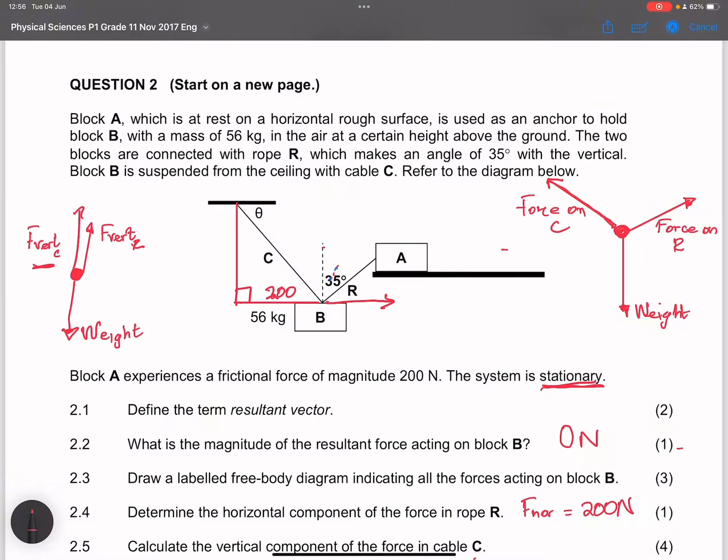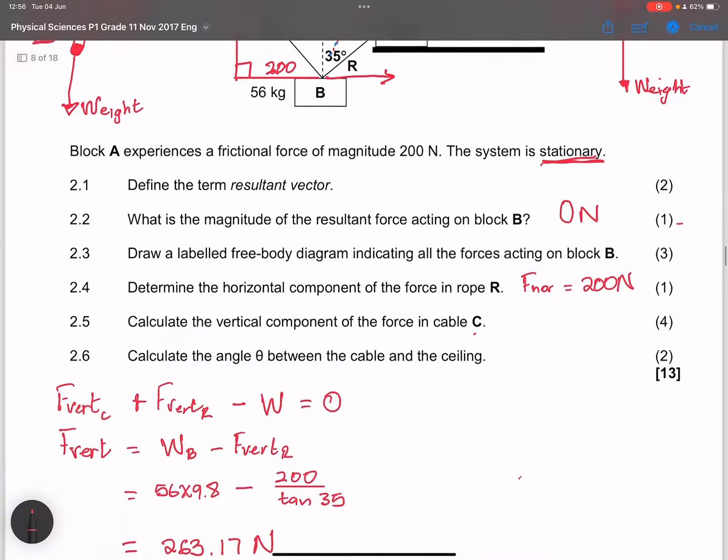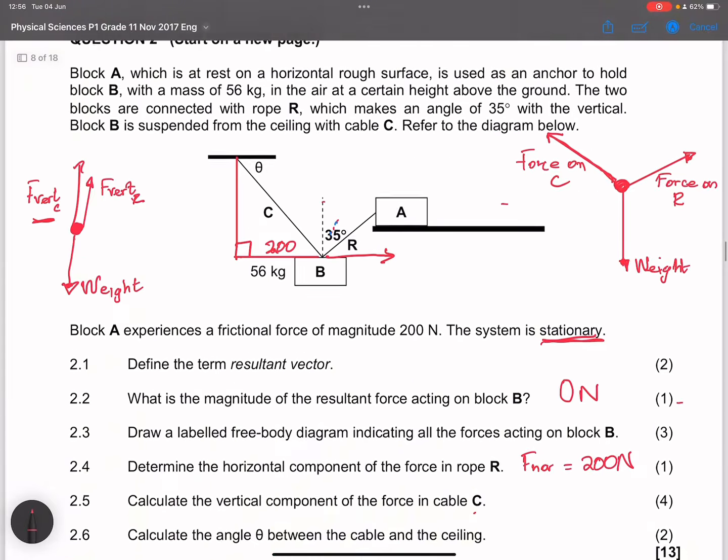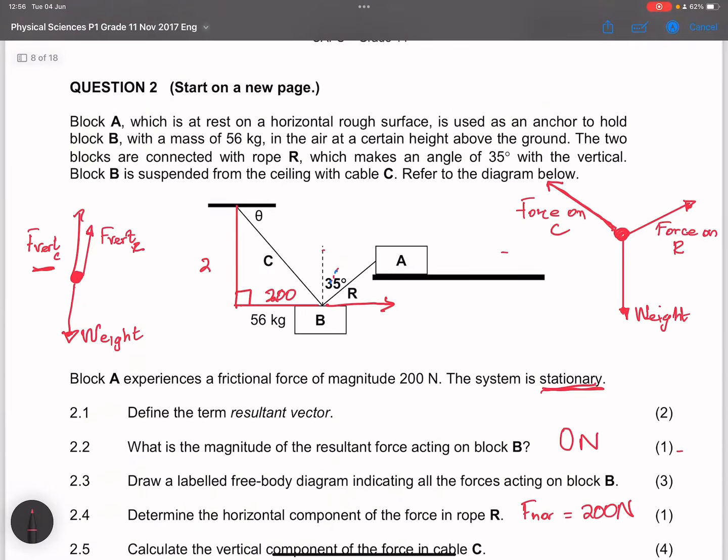We found out that the vertical component was 263.17. So now what do we note? This angle here, notice that I've drawn the line parallel to that one over there, so we've got alternate angles, so that is theta.